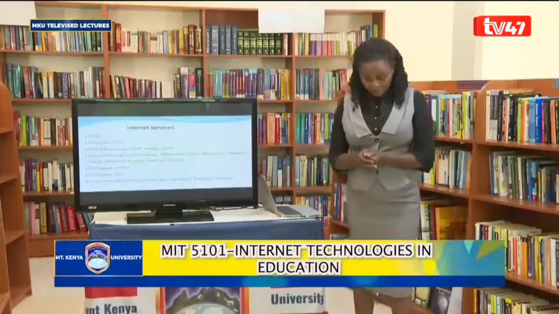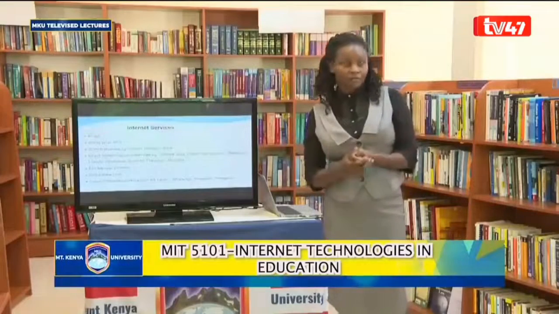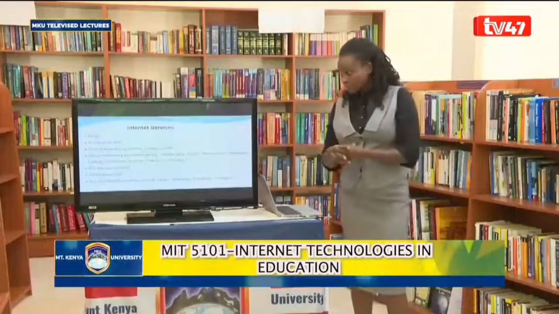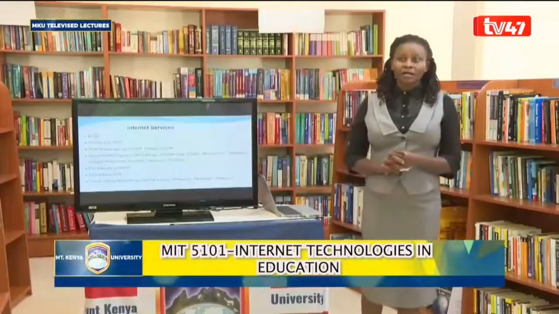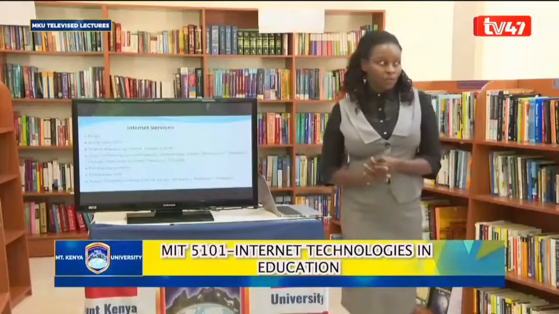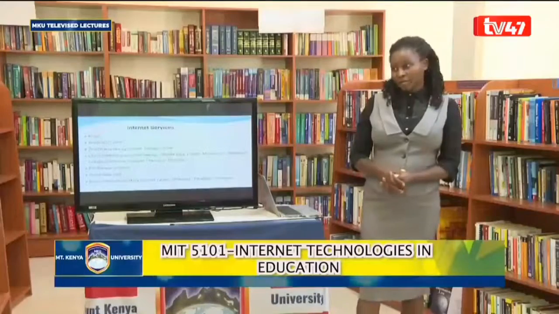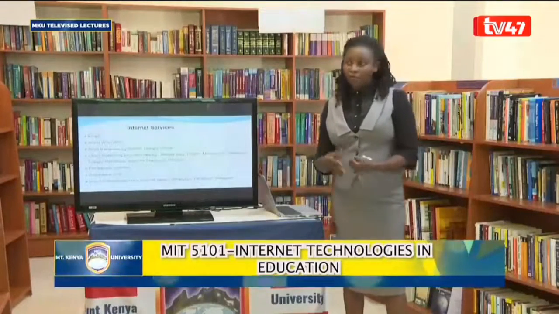We can call these things capabilities, advantages, or benefits, depending on how you transpose them. Another benefit is that email software or apps are free to use. When you open a Gmail account, you don't pay for it. You can send 1,000 emails per day and nobody will ask you.